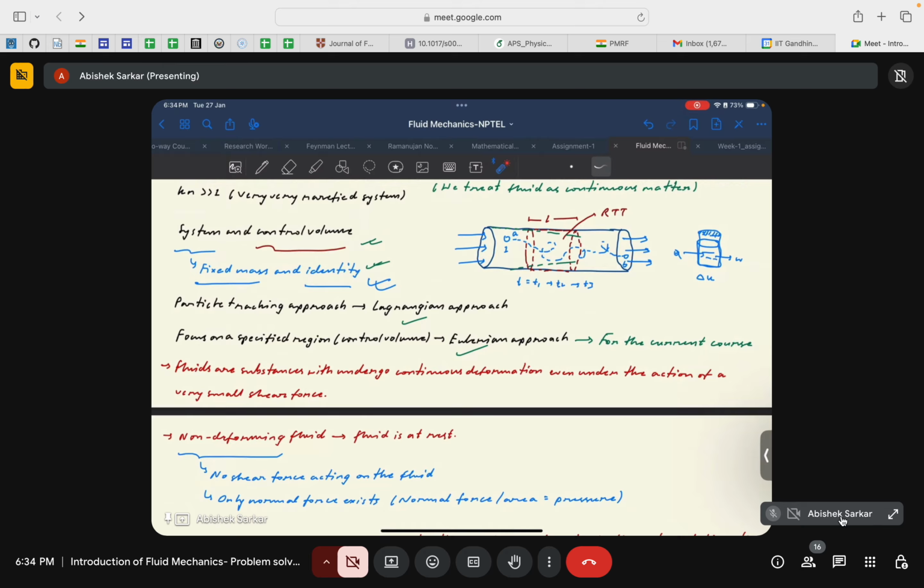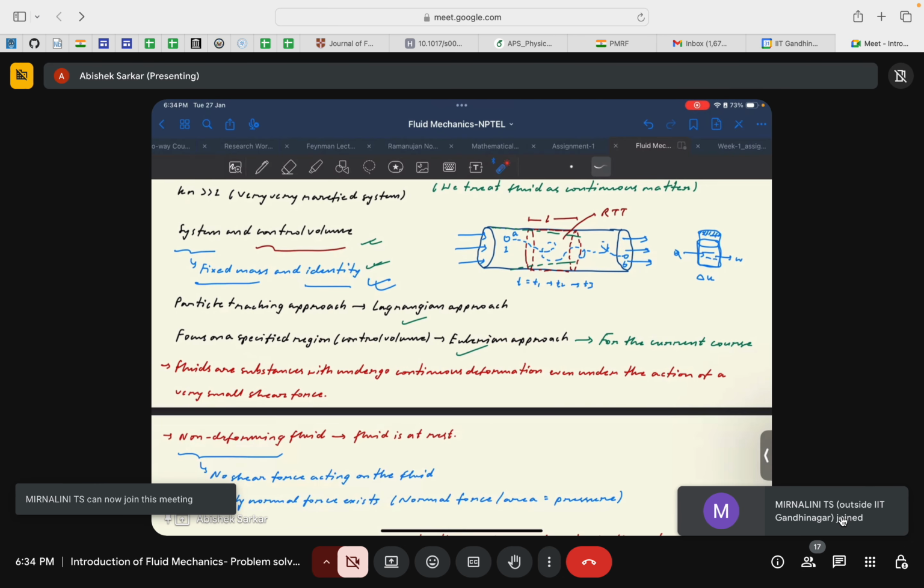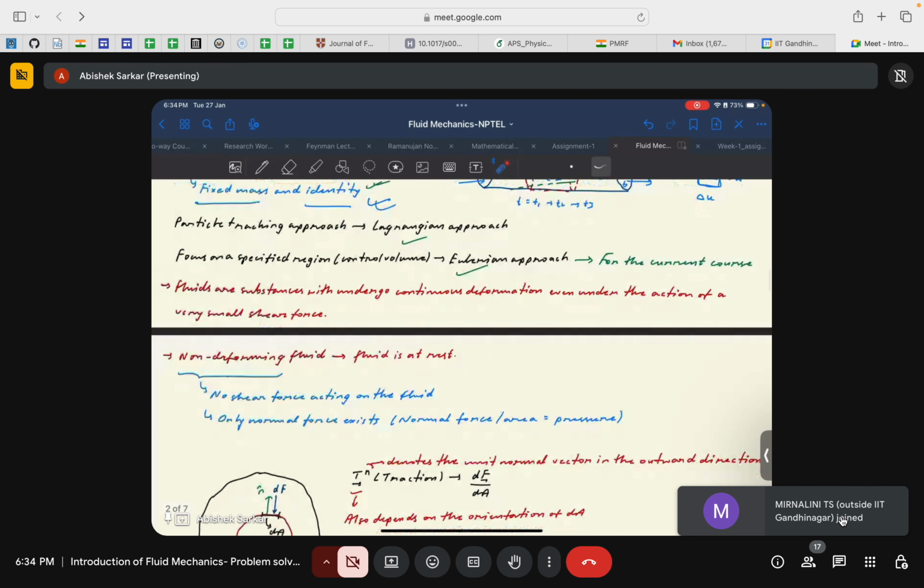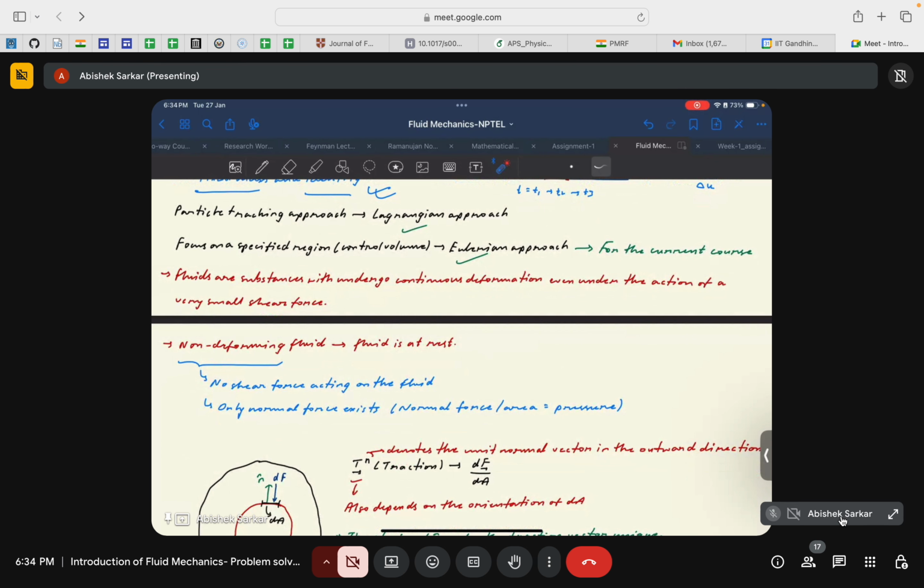Shear forces come into the picture when the fluid is under motion, and shear forces are essentially absent in the case of stationary fluid. For the next 2 to 3 lectures we will keep our attention on stationary fluids and try to understand what kind of forces exist for the fluid at rest. So that would be our topic of discussion for the next 2 to 3 lectures.